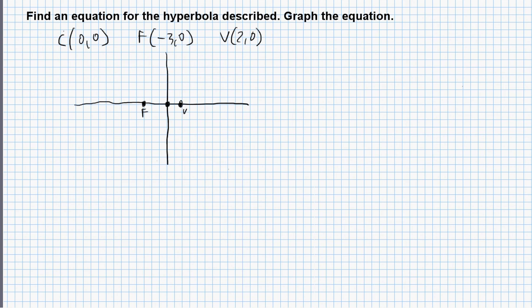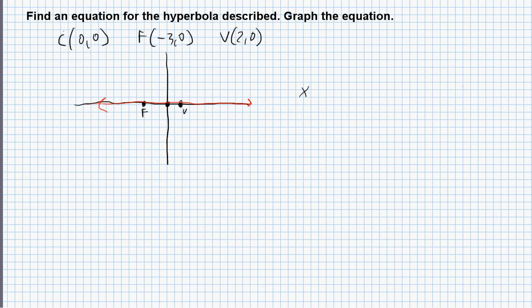We'll label those at the end when we get the rest of the points plotted. But for now, we can see that the points that were given are all arranged in a horizontal manner. So that tells us that the x-axis has to be the transverse axis, and therefore this is a horizontally oriented hyperbola.